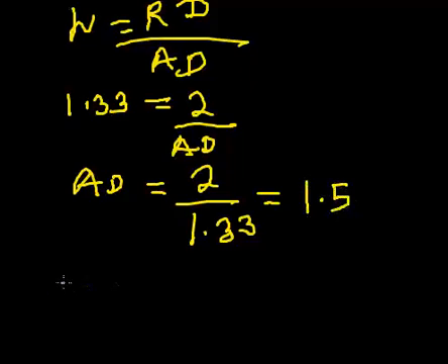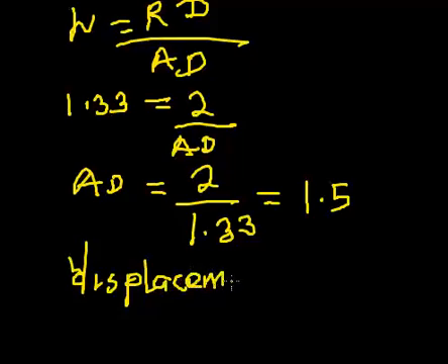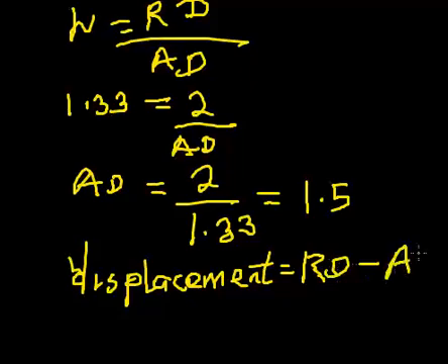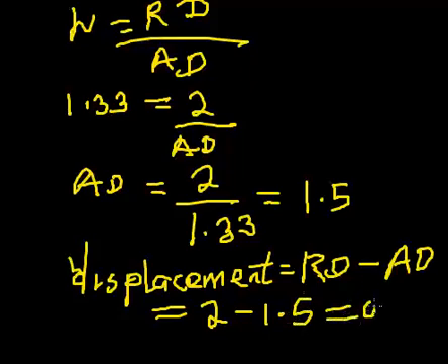Don't forget the displacement. The displacement of the ray of light is simply evaluated using the real depth RD minus the apparent depth AD. So this is equal to the real depth, which is 2, minus the apparent depth, which is 1.5. That gives us 0.5. So the displacement is 0.5 meter.